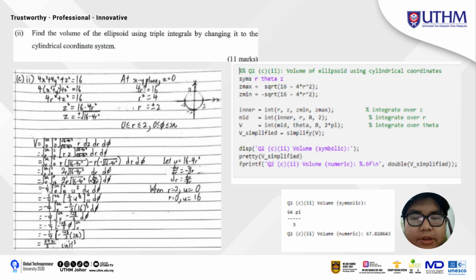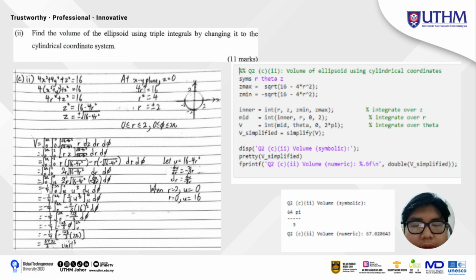Okay, for question 2C2, it needs us to find the volume of the ellipsoid using triple integrals by changing to the cylindrical coordinate system. For now, the system is the Cartesian coordinate system. First, we change x squared plus y squared to r squared. Then we find the range of z first.